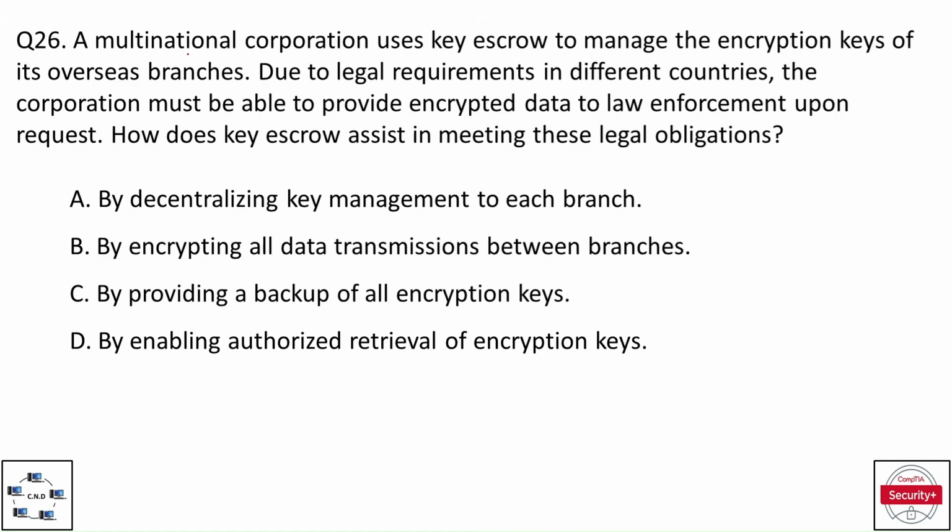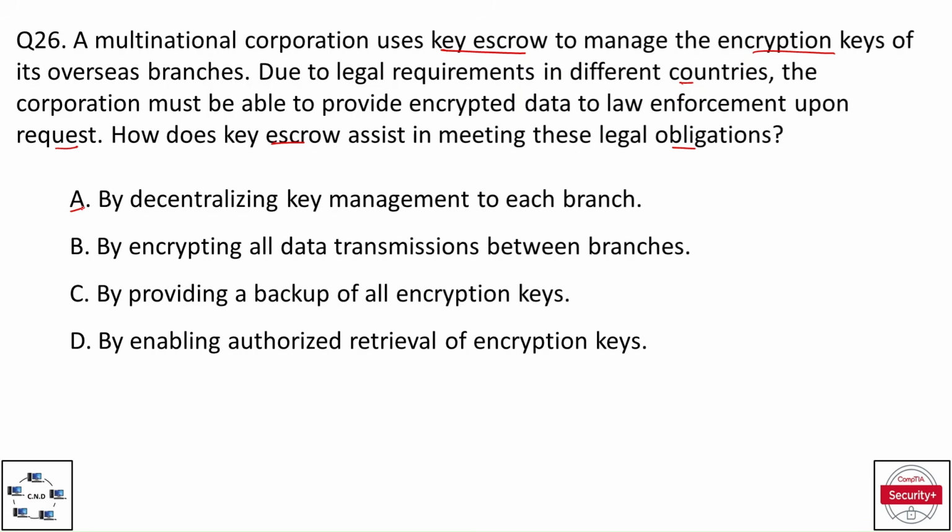Question number 26. A multinational corporation uses key escrow to manage the encryption keys of its overseas branches. Due to legal requirements in different countries, the corporation must be able to provide encrypted data to law enforcement upon request. How does key escrow assist in meeting these legal obligations?